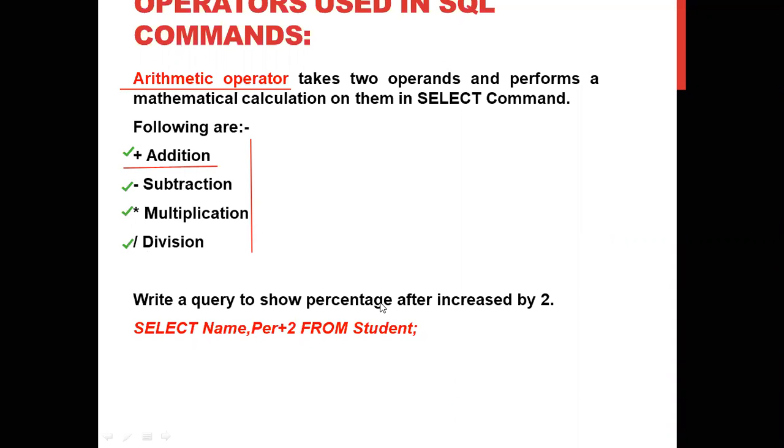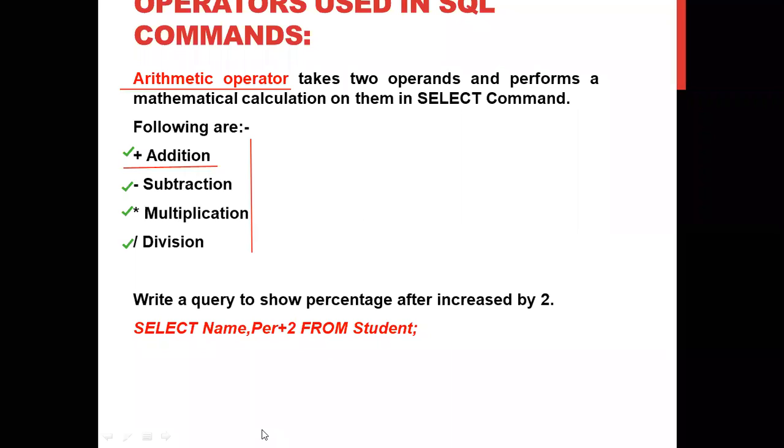For example, select name, comma, per plus 2 from student. It means it will now display the percentage after being increased by 2, but the actual data will not be affected by this. The data is increased only in the select command.